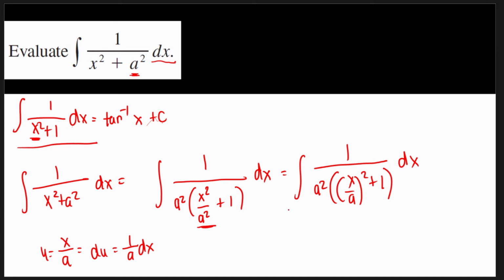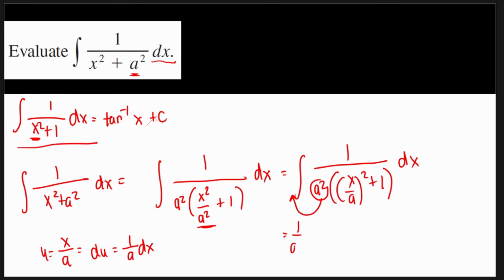So we need a 1 over a with the dx, and since we are multiplying by 1 over a, the reciprocal would be a. Taking out the a in our integral, that is 1 over a squared.